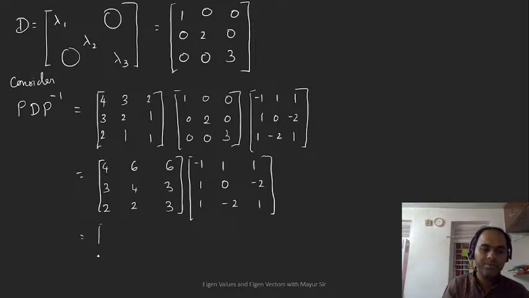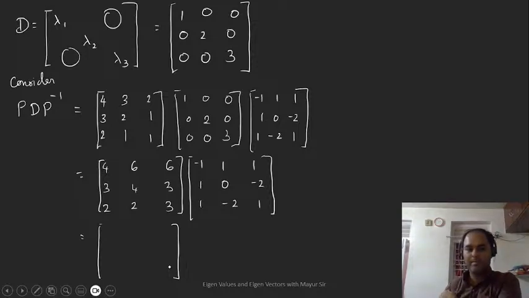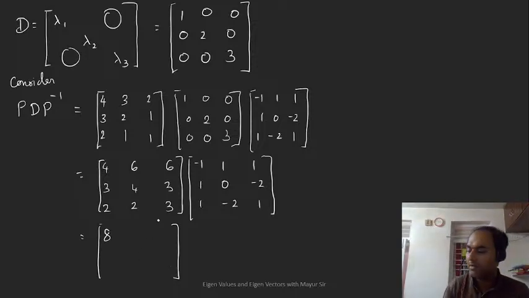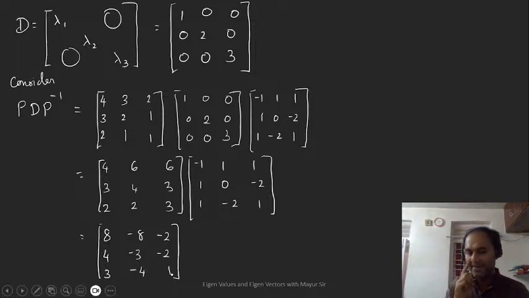If you do this, you must get A back. So minus 4, yeah, you do get, right? 12 minus 4 is 8, and minus 8 minus 2, 4 minus 3 minus 2, 3 minus 4 and 1. This is the output over here.